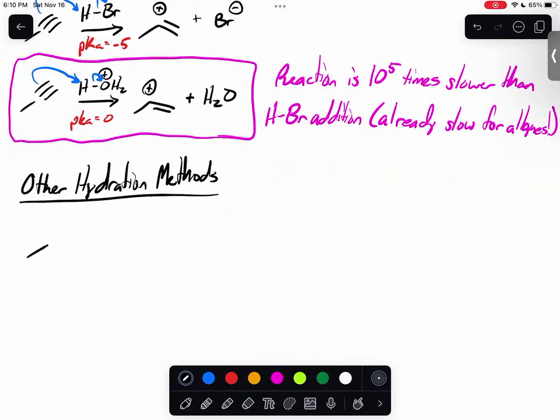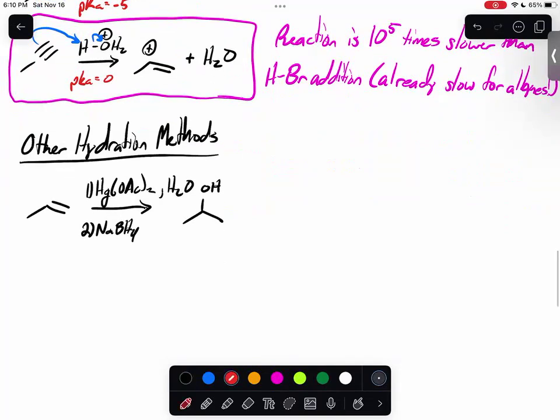One really good way that we learned was a Markovnikov hydration, where we use mercury with water, followed up by sodium borohydride to add an alcohol, Markovnikov. As a reminder, this reaction was called oxymercuration reduction. And this, of course, did give us that Markovnikov addition.